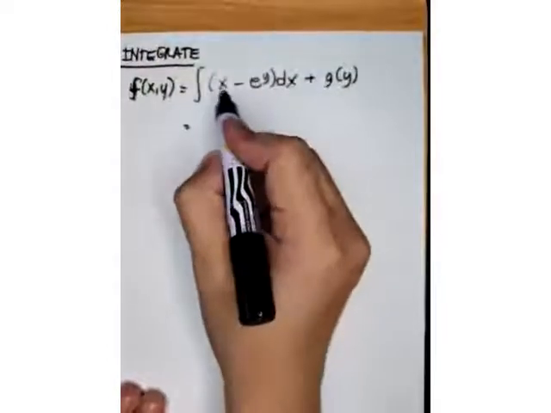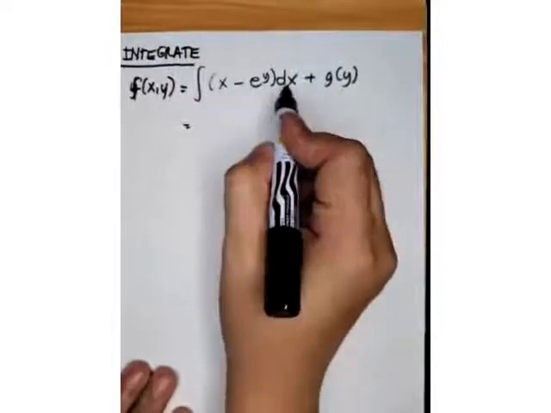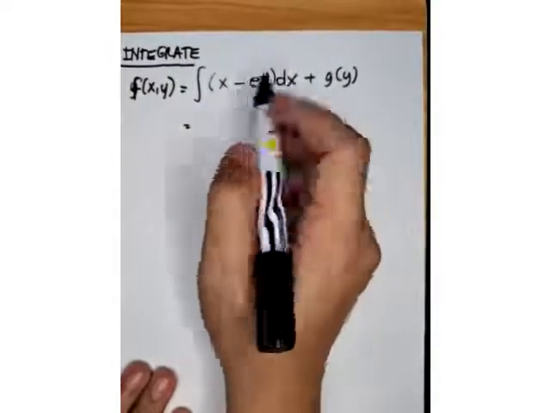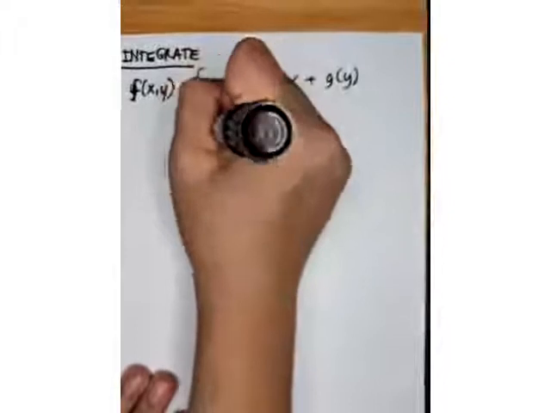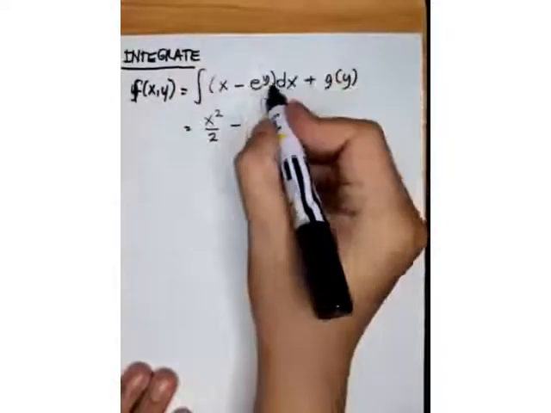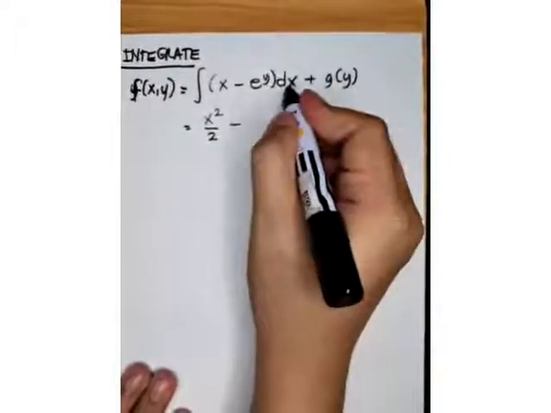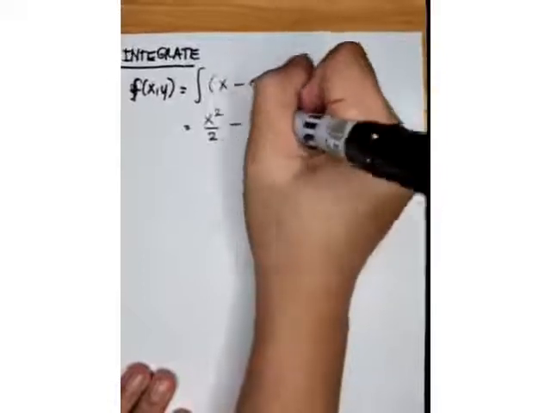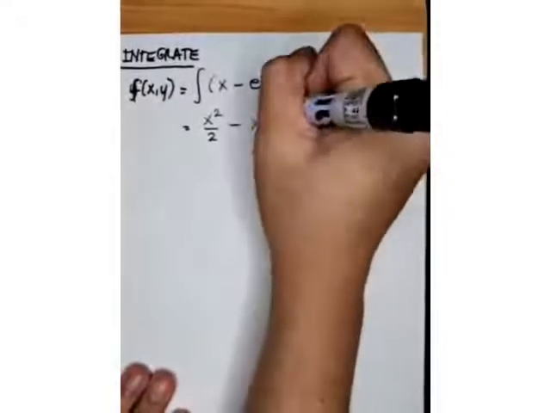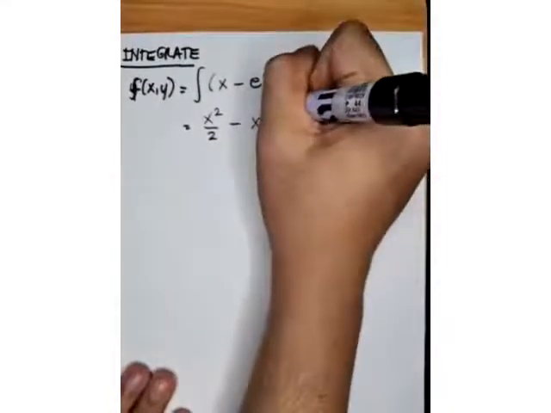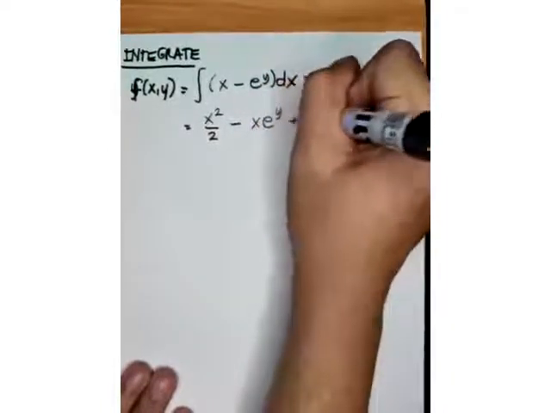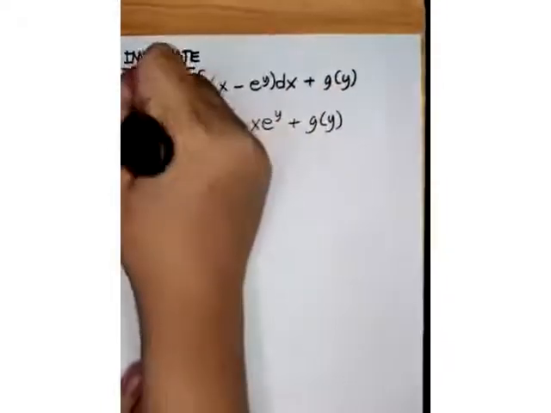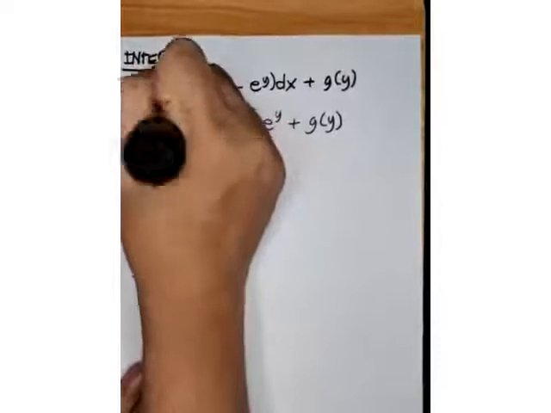Ayan. So let's integrate. Okay, so the integral of x dx is x squared over 2 minus, since e raised to y is a constant and the integral of dx is just x. So that will be x times e raised to y plus g of y. So this will be our given function. Ayan.